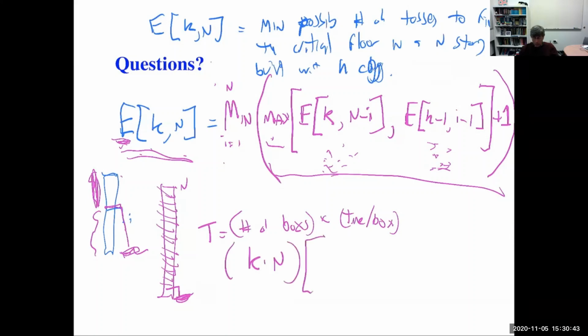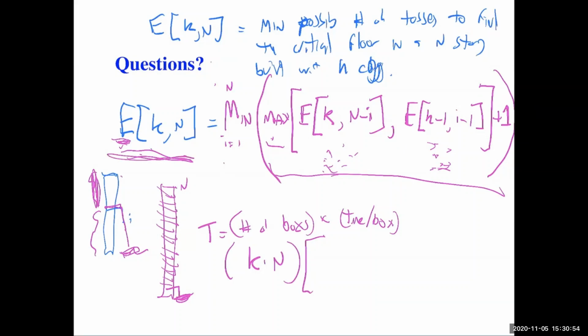Now, what is the running time of filling this box? Can anybody tell me? Looking up the indices is constant. Addition is constant. Finding the max is constant, and then we do that over n.